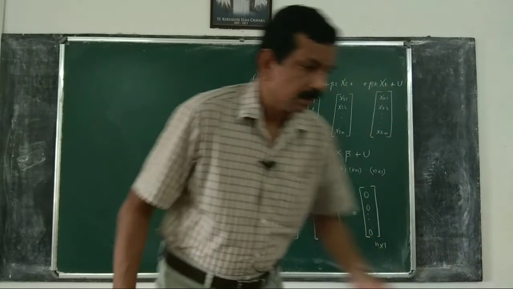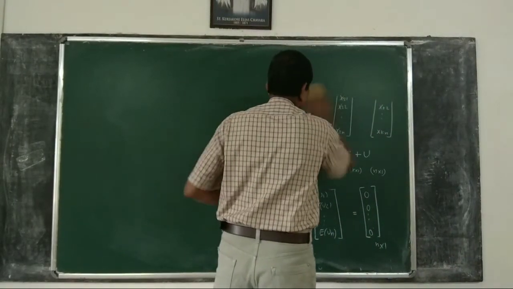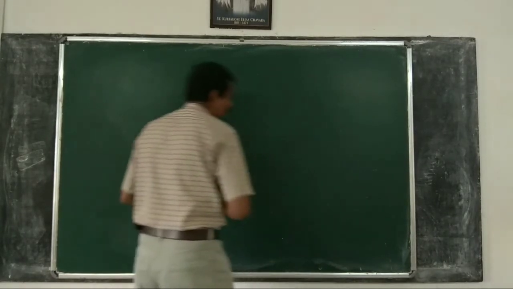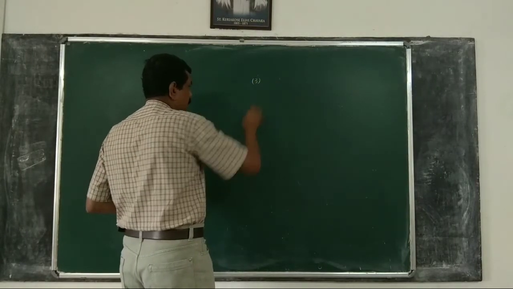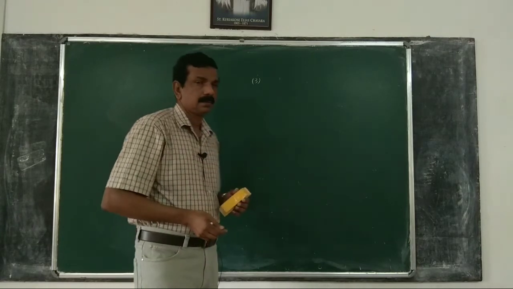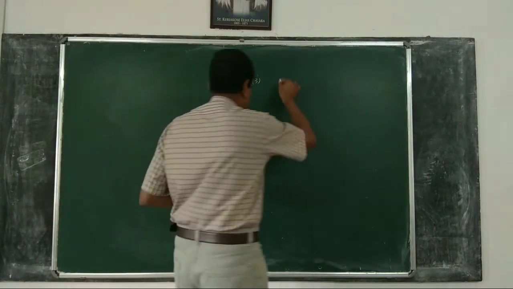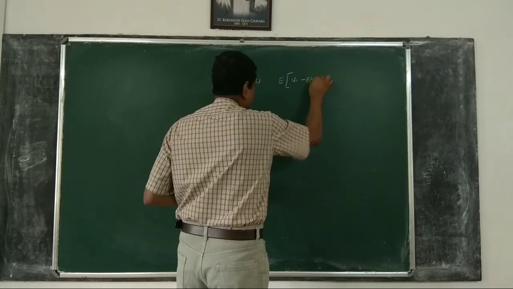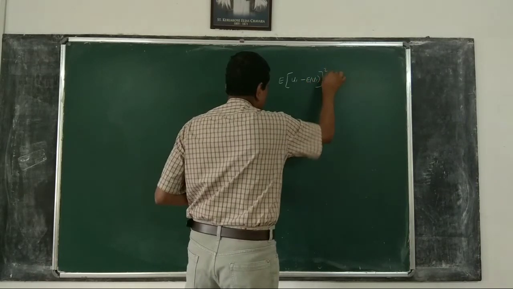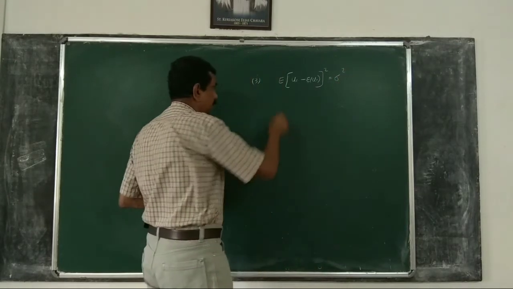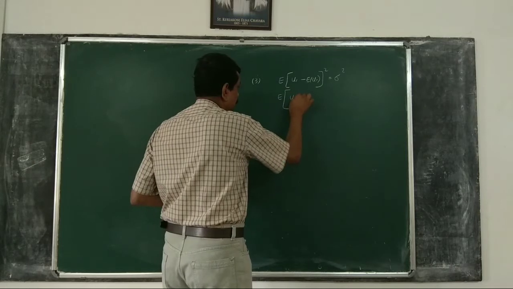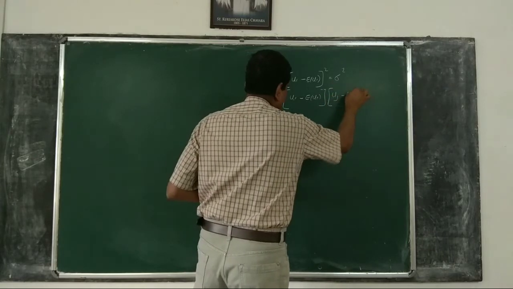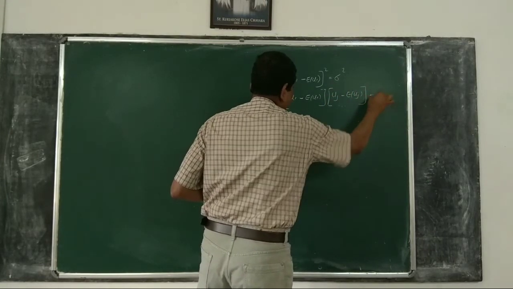The third assumption is the following. In scalar terms, we have written the assumption of homoscedasticity as the expected value of ui minus expected ui, squared, equal to a constant sigma square, and the expected value of ui minus expected ui into uj minus expected uj equal to 0.